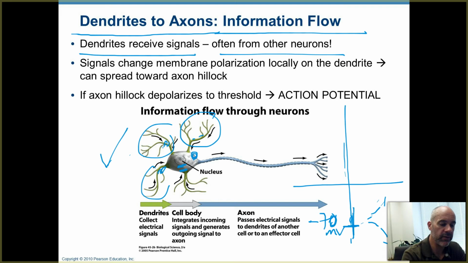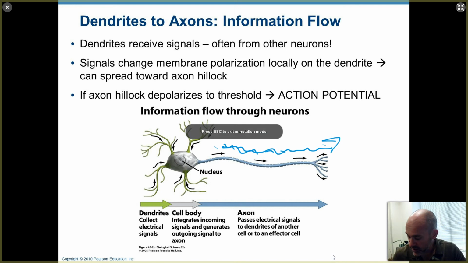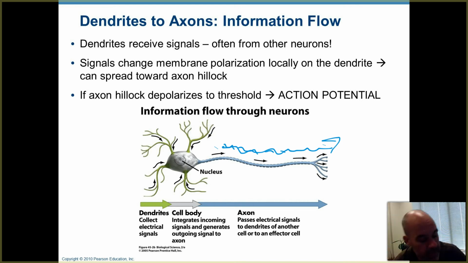As we learned about in Unit 4, if this neuron is going to generate an action potential, a nerve impulse, that decision gets made right here around the axon hillock.